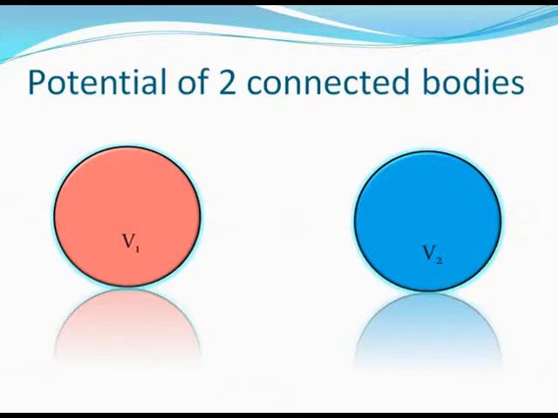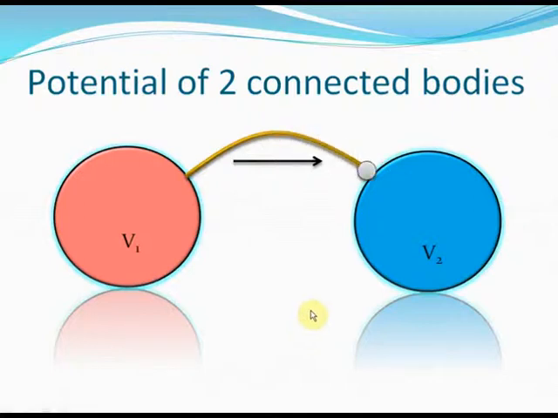So let's say we have this body which has a potential V1 and another body which has a potential V2, and now I've connected both these bodies with a conducting wire like this. Now what you must remember is that when we do this, charge will be transferred from the body having a higher potential to the body having a lower potential until the net potentials of both the bodies are the same.